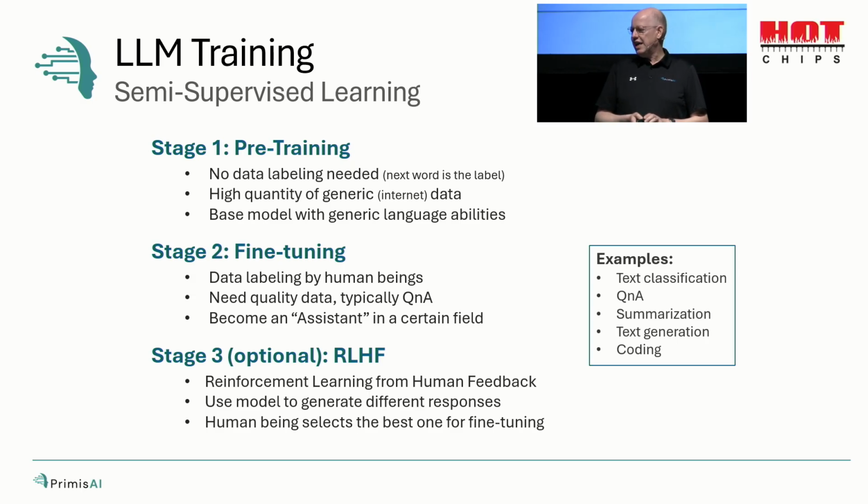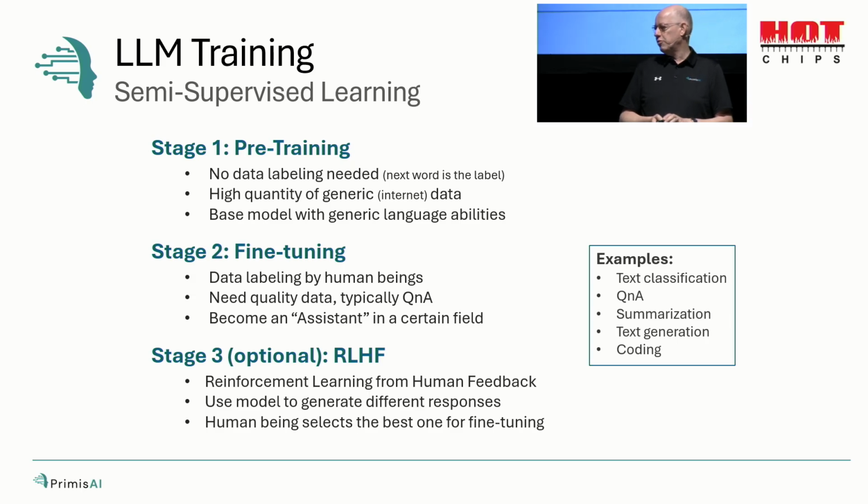What's interesting about training LLMs is that it trains on unlabeled data, even though that's not entirely true, because if you feed the training process with text, which can come from the internet, for example Wikipedia or arXiv or other repositories, then you simply say the label you're trying to predict is the next word in the sequence.